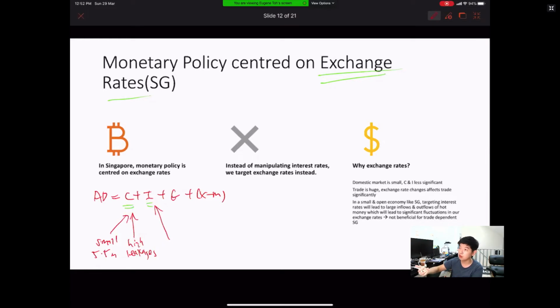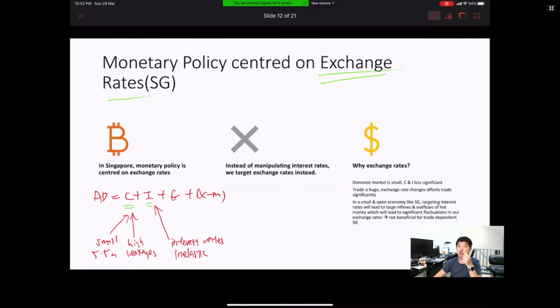Which tells you that investment is interest rate inelastic, which means they are not responsive to interest rate changes. So influencing consumption and investment is not so helpful.